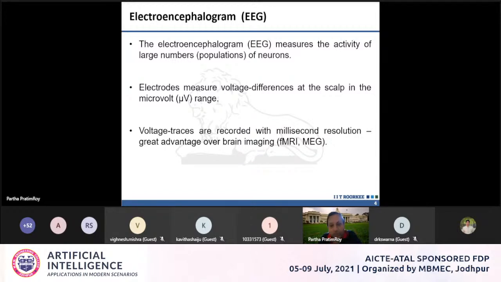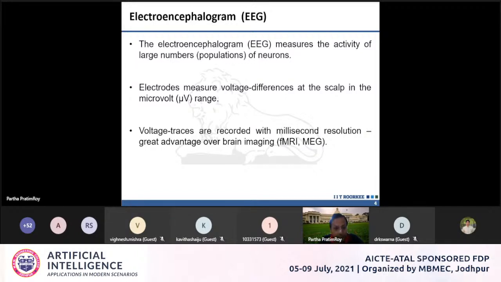We are interested to know from these EEG signals what was the stimulus that gives these kinds of patterns. It will help us understand what the disease or the stimulus is.